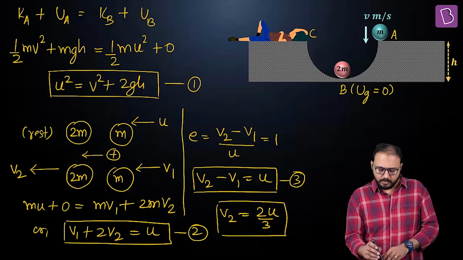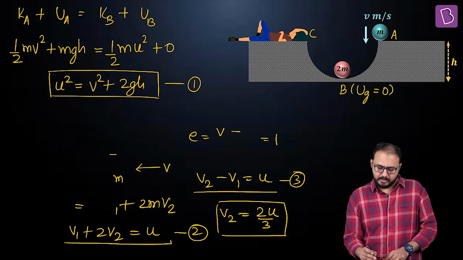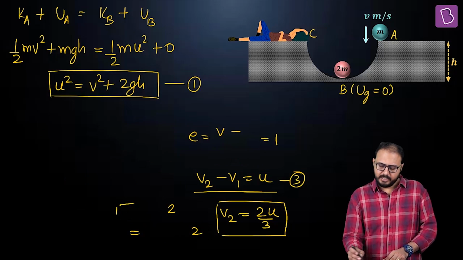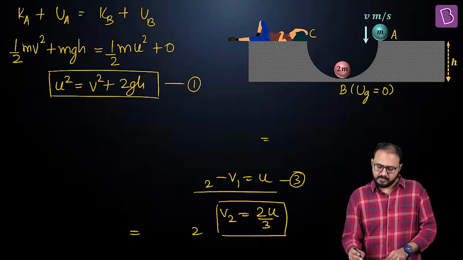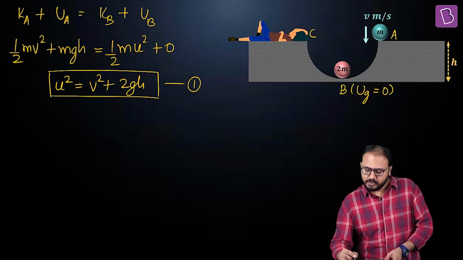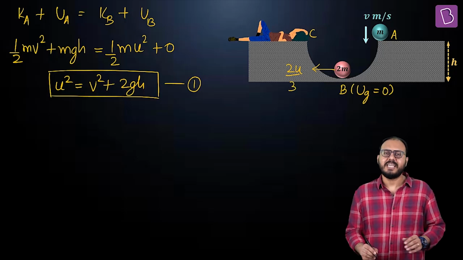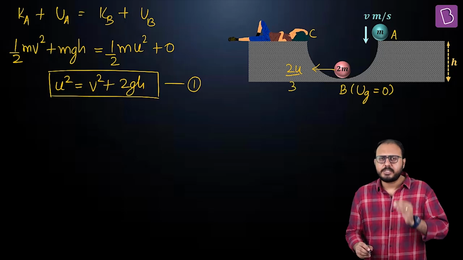2u by 3 is fine? Okay. So all of us agree that 2u by 3 is fine. This 2u by 3, by the way, guys, is right here at B. And when it goes to C, it just touches his head.